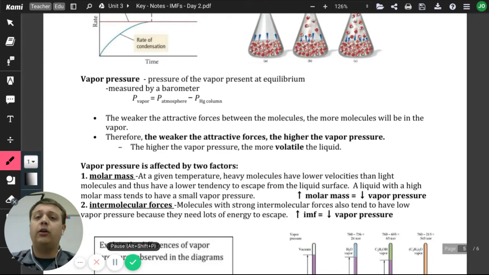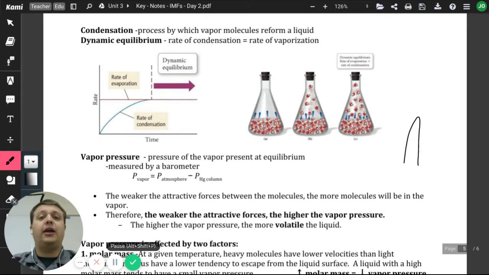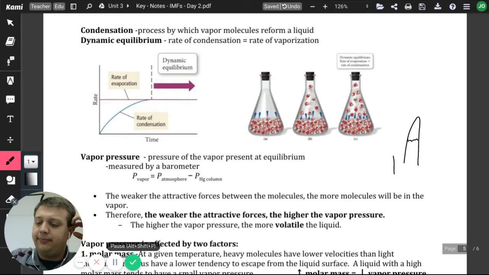So what do I mean by that? Well, a barometer. How does a barometer work? Well, basically you've got a tube that's inverted. It's upside down, and it's got mercury that's filled up inside of it. Okay? Now, this mercury is floating around inside of this jar.